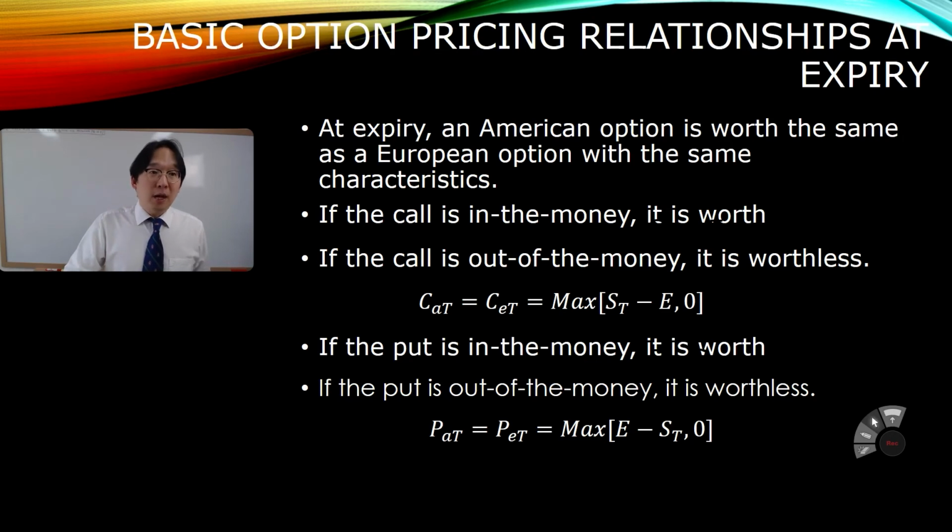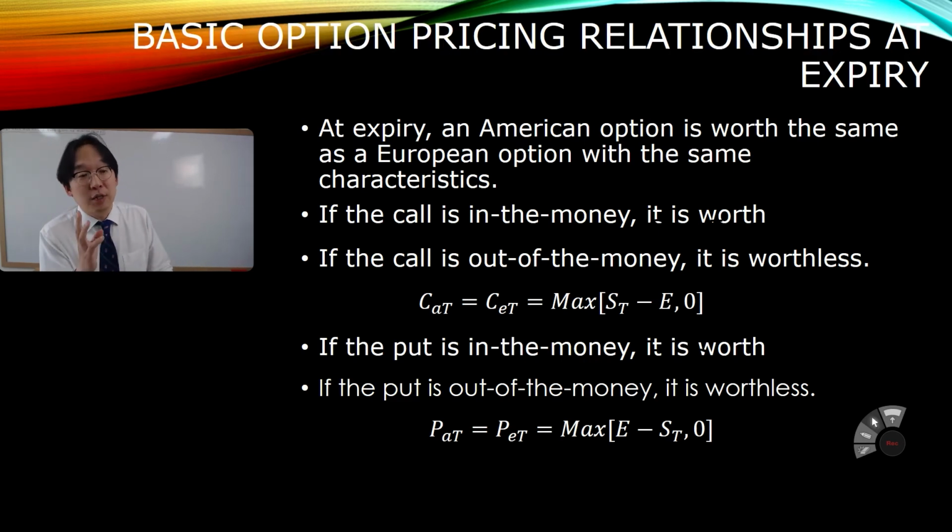Basic option pricing relations at expiry, or on the day of expiration. What happens? At expiry, an American option is worth the same as a European option with the same characteristics. If the call option is in the money, it is worth what?